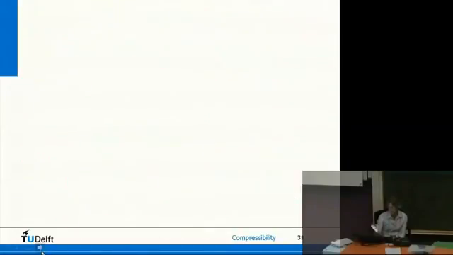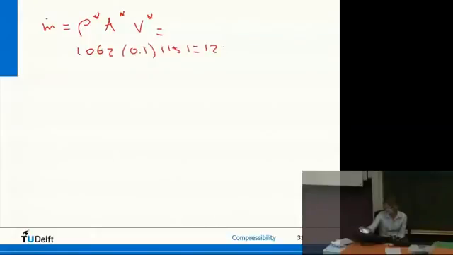So last step, mass flow is rho star, A star, V star is equal to 1.062 times 0.1 times 1151, and that gives us 122 kilograms per second. Wow, that's a lot. 120.2 kilograms per second go actually through this rocket nozzle. So, a lot of power.